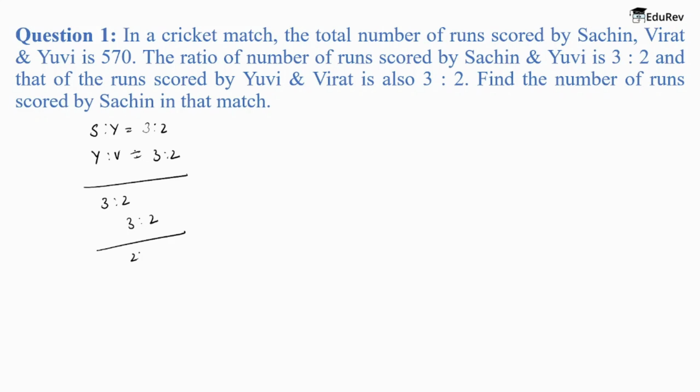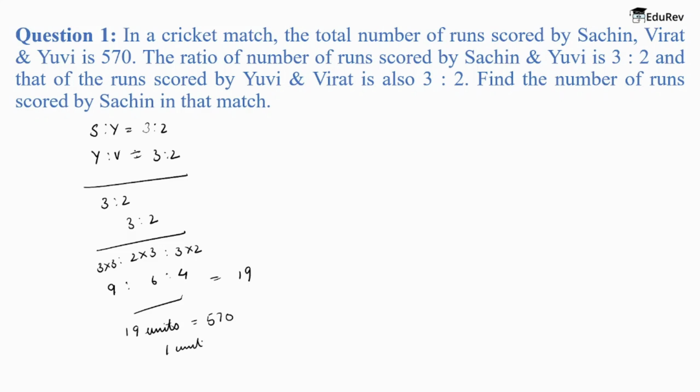We already know how to solve this. This is equal to 9:6:4. So this is equal to 19 units and 19 units is equal to 570.